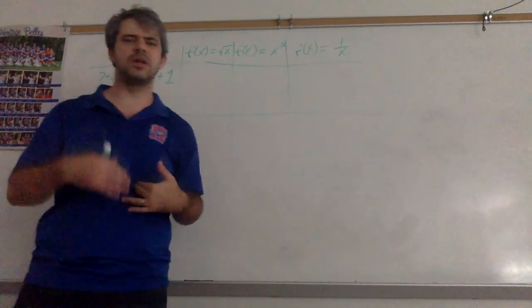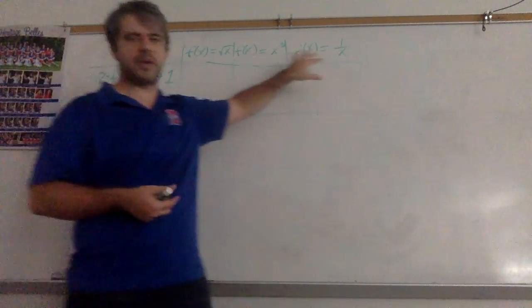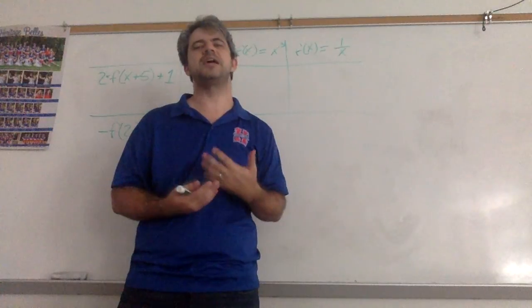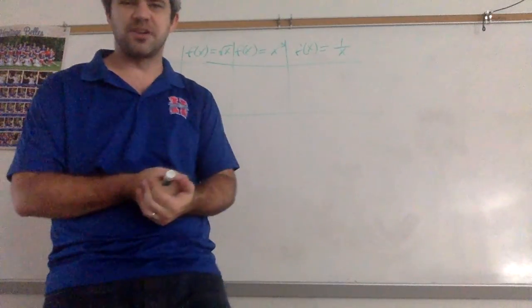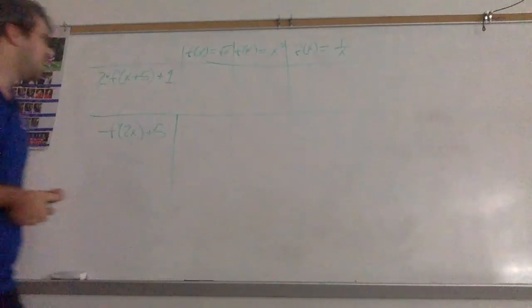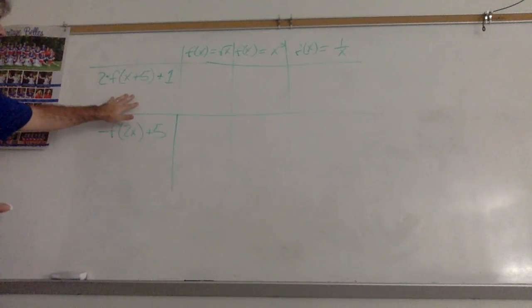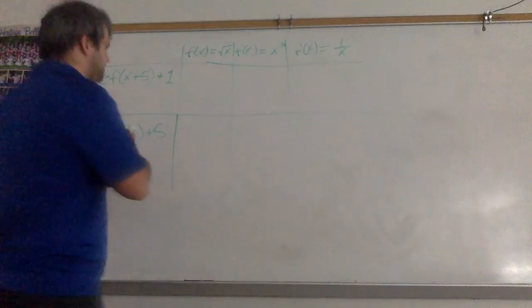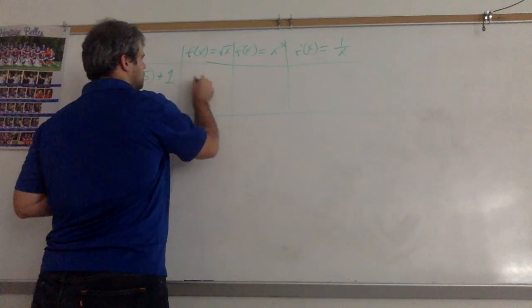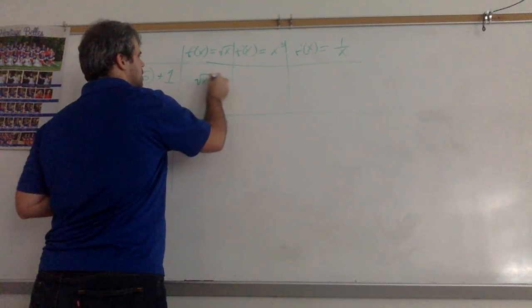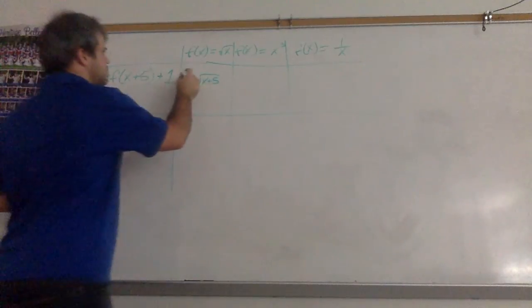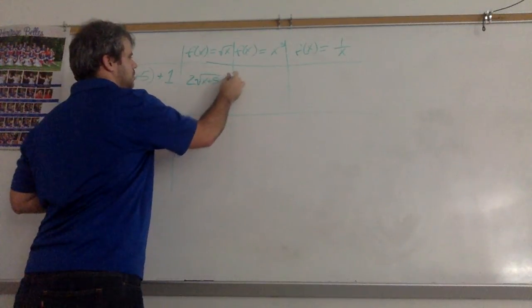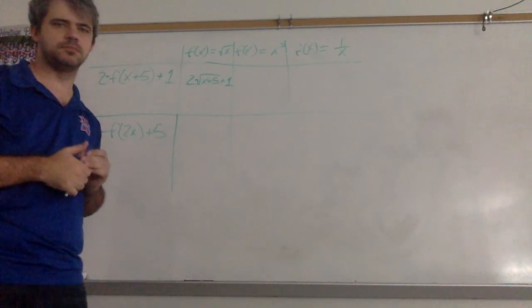And I'm just going to show you what it looks like for a few different parent functions so you can start to see all of these functions start to look the same, okay? So square root of x, but instead of square root of x, it's going to be square root of x plus 5, times 2, plus 1.